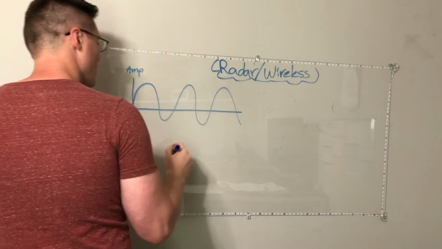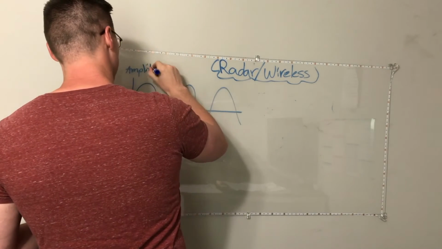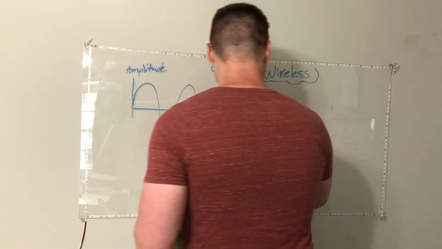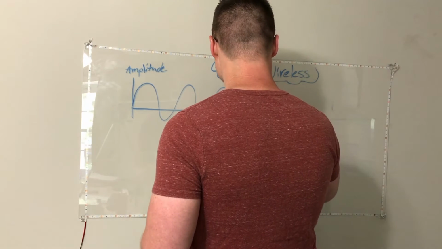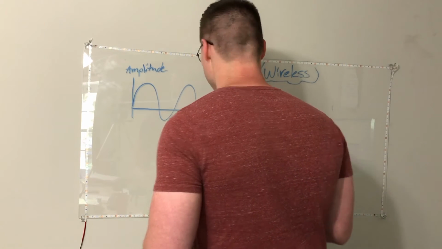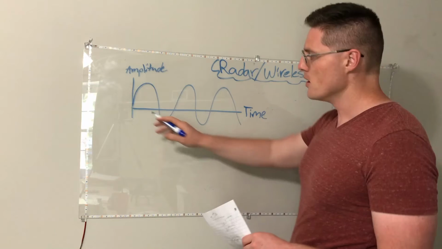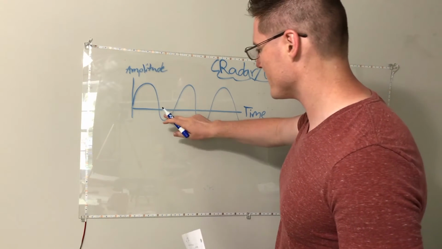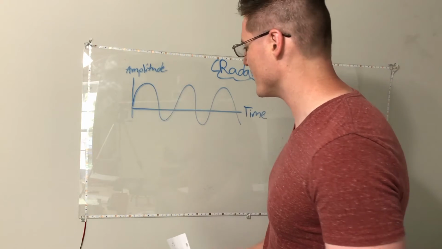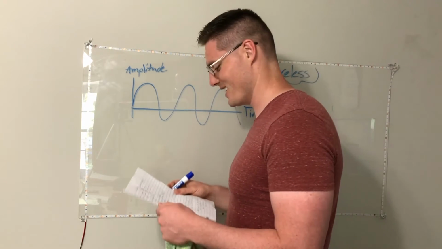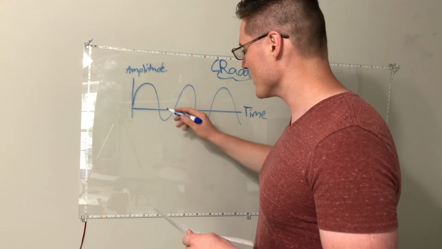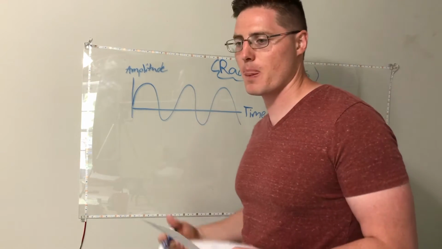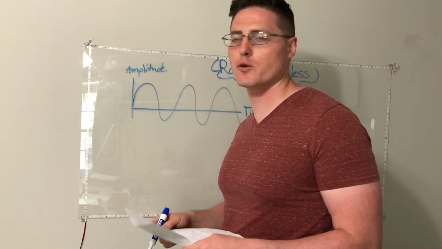On the Y, we'll have the amplitude. And on the X, we'll have time. And this is very important. So in this scenario, it's basically a sine wave. These are supposed to be equal on each side. Obviously, they're not equal. Not the best at drawing. But let's assume that it's a standard, uniform sine wave.